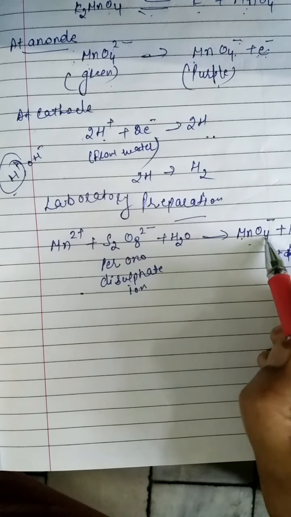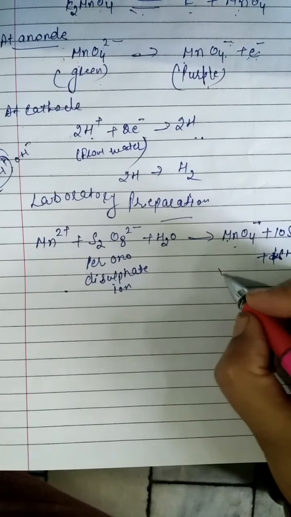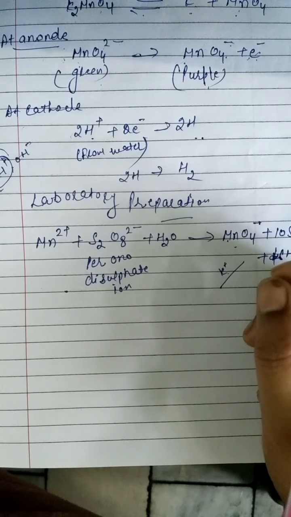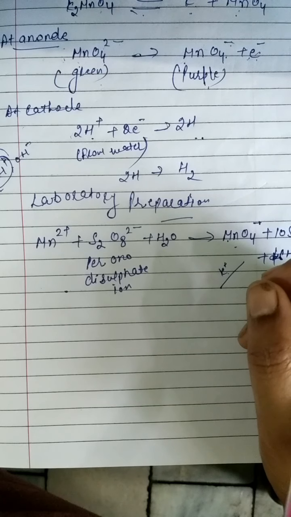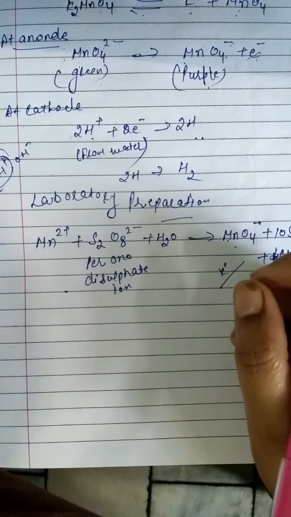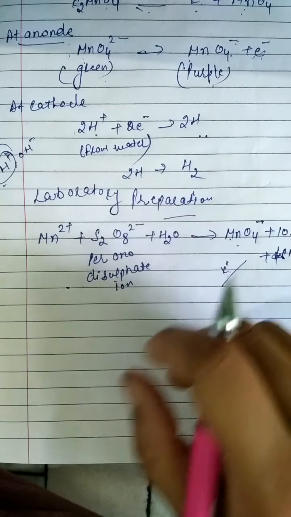In this also, the MnO4 - reacts with K+ and is converted into KMnO4, and we can prepare potassium permanganate. Clear? There are three methods to prepare potassium permanganate.